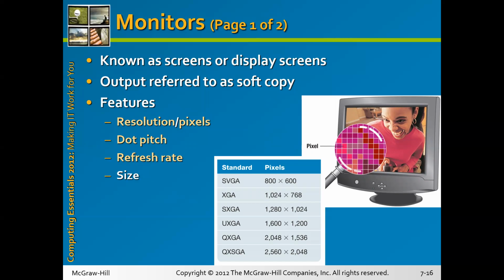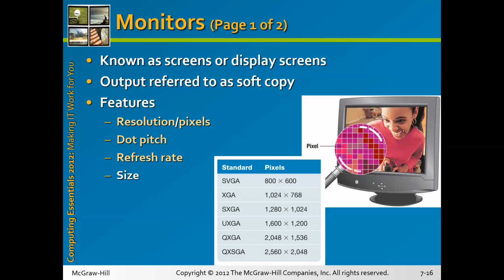Dot pitch is the distance between each pixel. Most newer monitors have a dot pitch of 0.31 millimeters or less. Refresh rate indicates how often a displayed image is updated or redrawn on the monitor. Most monitors operate at a rate of 75 Hz, which means the monitor is redrawn 75 times each second.